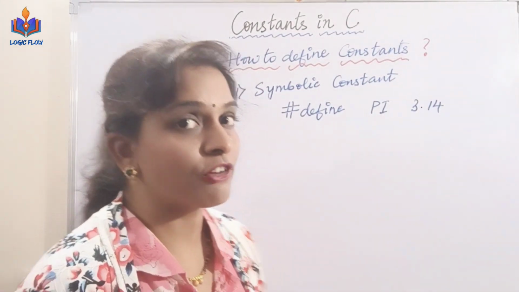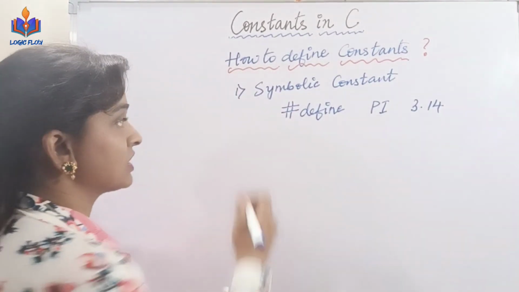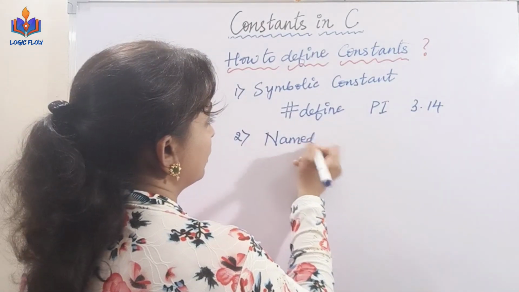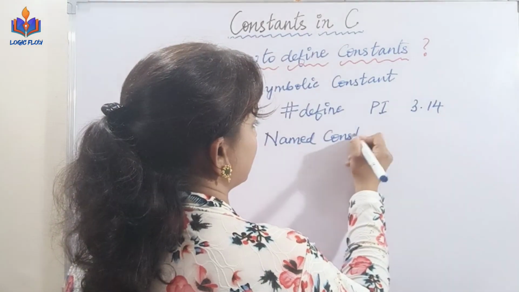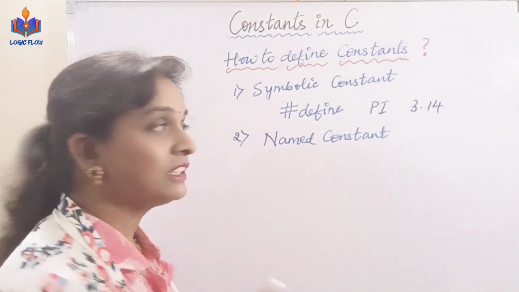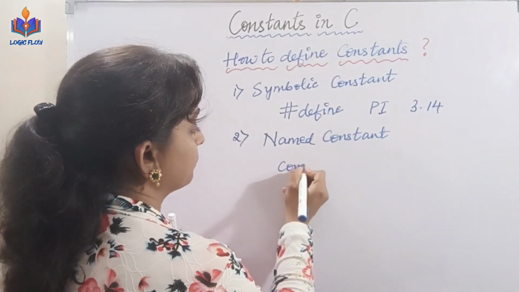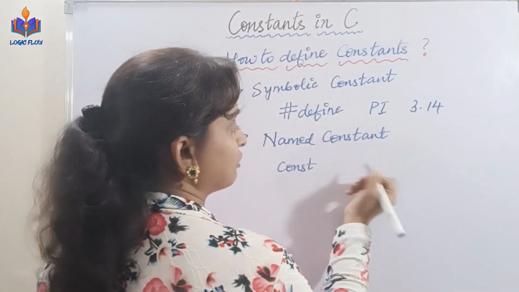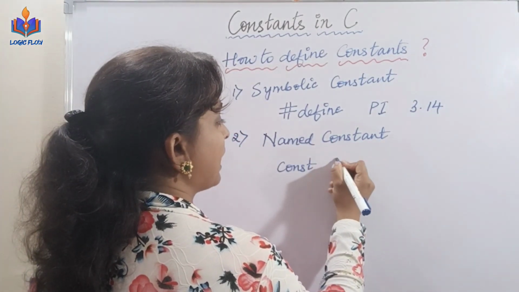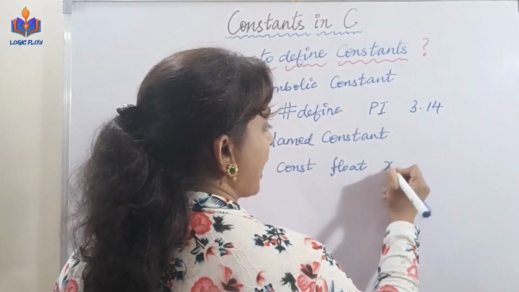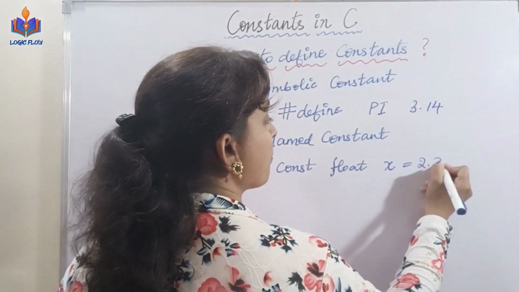The other way to define the constant is a named constant. So what is this named constant? A named constant is created using the keyword const. Const is the keyword, followed by the data type. So for example, I say float x equal to 2.3.